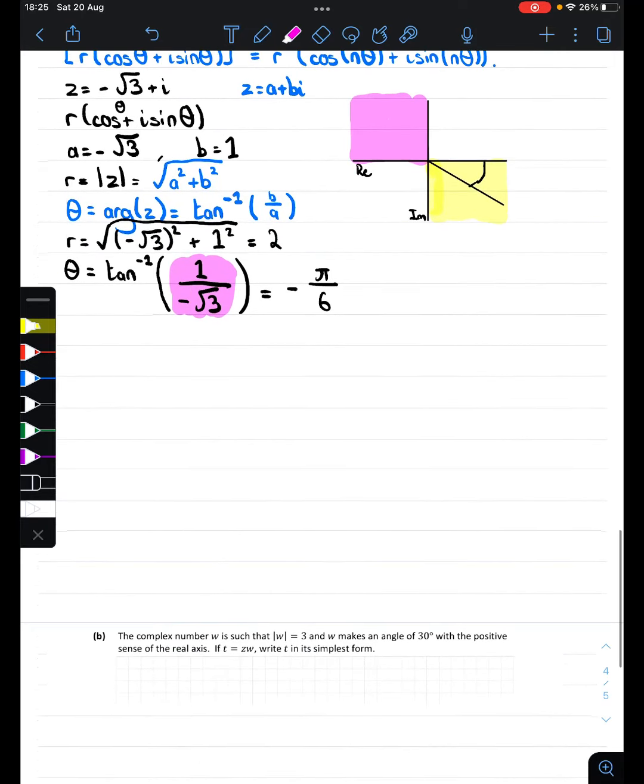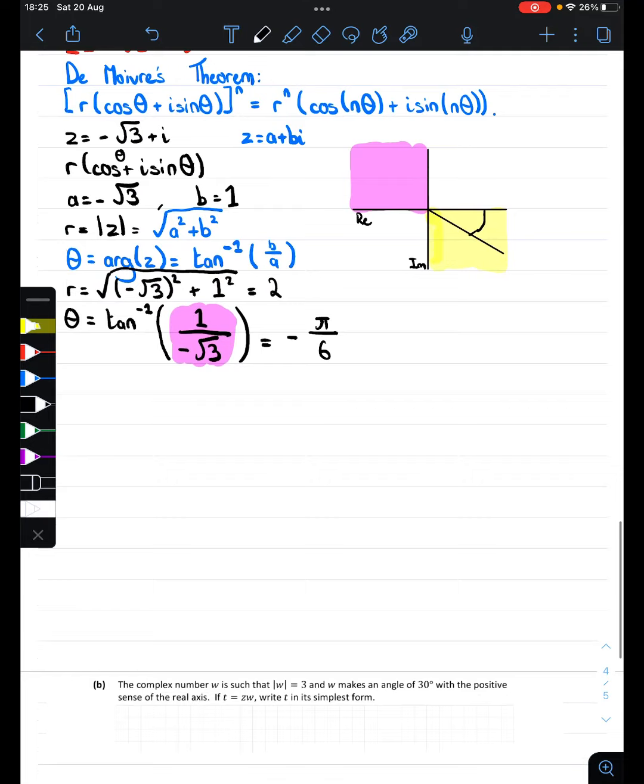So the equivalent angle in the second quadrant, which we know that our complex number lies in, is this angle here. Sorry, no, that's not our theta. This is our theta.